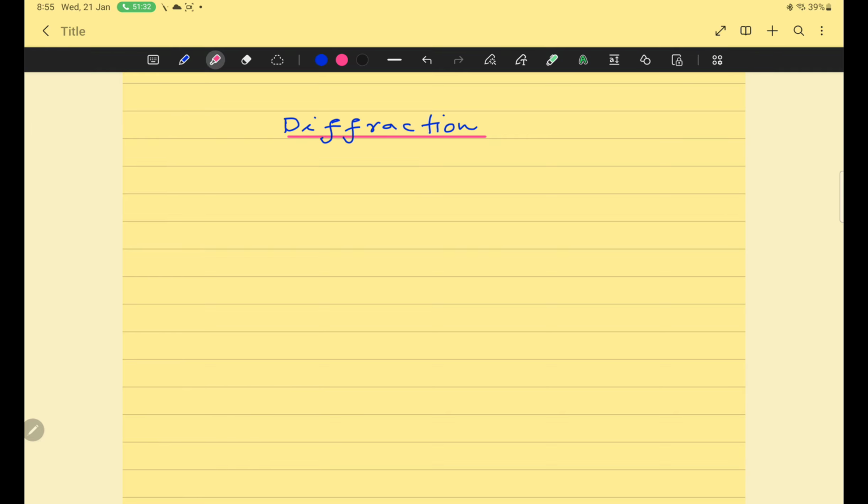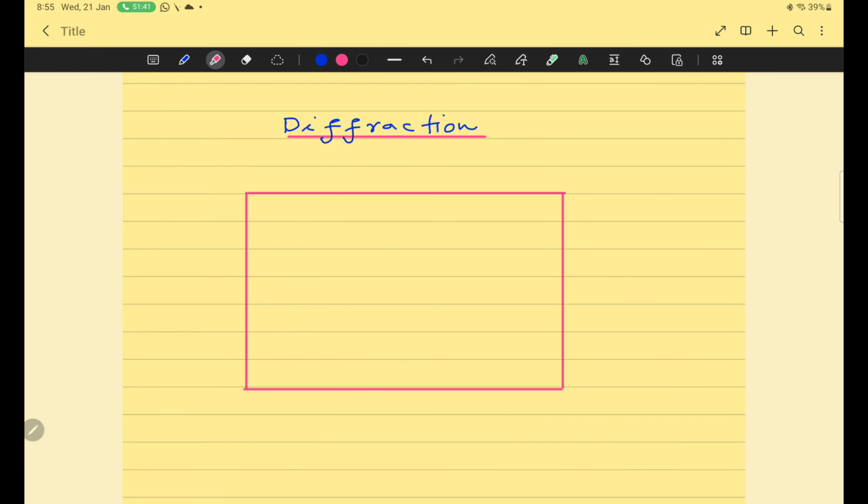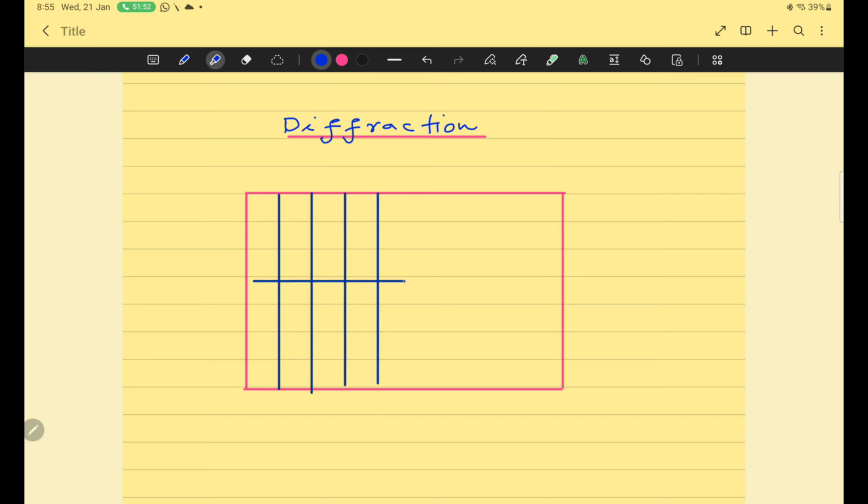Sir, what is diffraction? I am going to explain. Diffraction means, consider this is again a ripple tank. In this ripple tank, consider these are wavefronts which are moving from left to right. Consider there is a barrier.